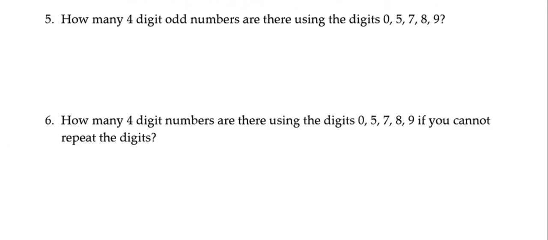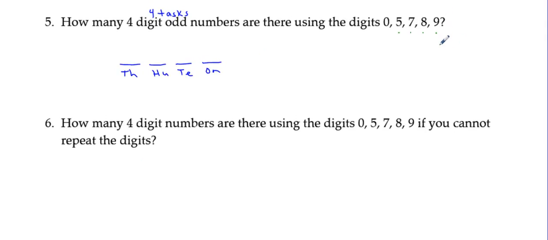How many 4-digit odd numbers are there using these digits? So 4-digit odd numbers, that means there's 4 tasks. So we're going to start with our 4 place values. We have our thousands, our hundreds, our tens, and our ones. When answering these questions, you want to make sure that you do take into account any restrictions. So in this case, one restriction is that it must be odd.